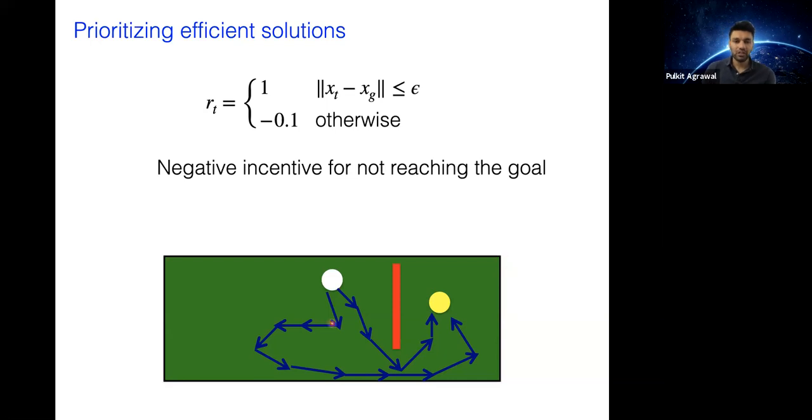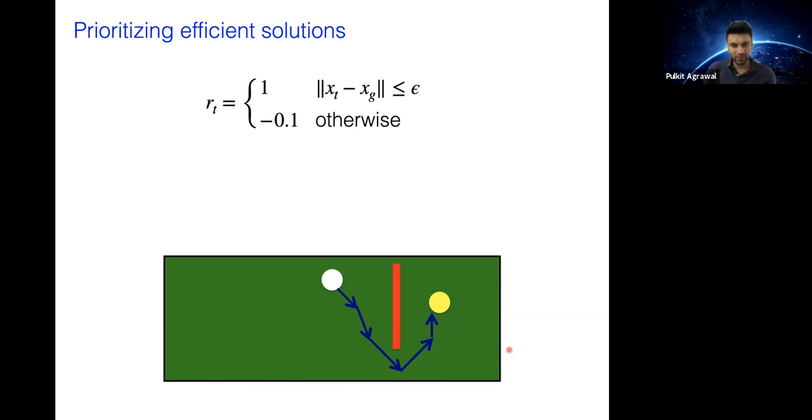What this would end up doing is prioritizing this particular trajectory over this one.